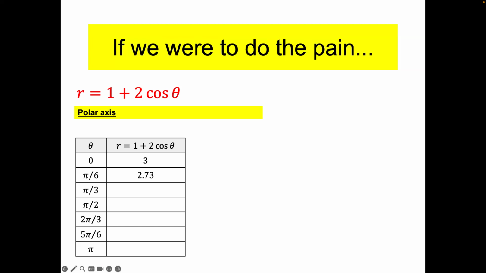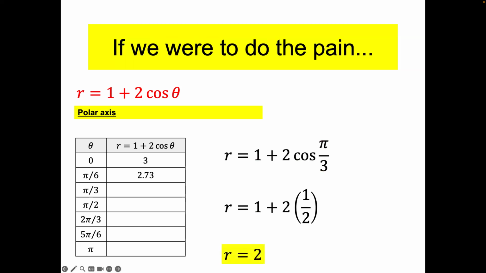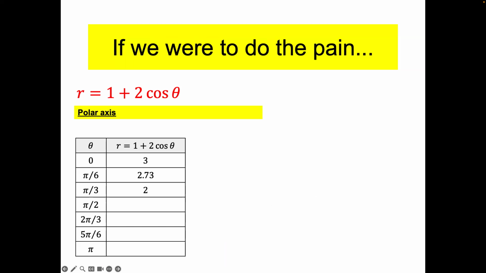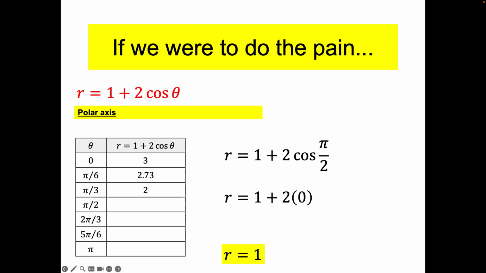Nick? Matt? Same answer as the previous one. It's 1. 2 times 0 is 0. 0 plus 1 is 1. Type in pi over 3. 1 plus 2 cosine pi over 3.